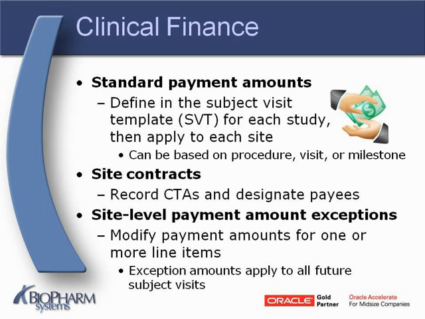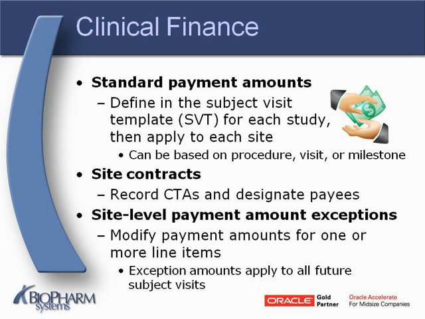At the site level, they're going to enter in a site budget and designate actual payees for each site. So they record the clinical trial agreements, what the actual full budget is for that site, and capture that contract information.